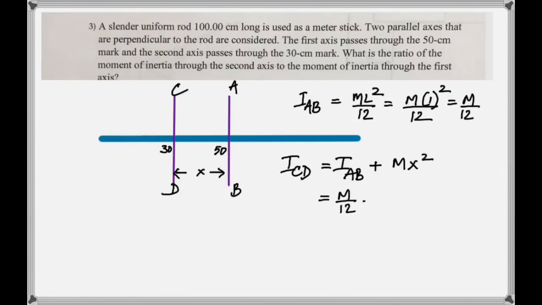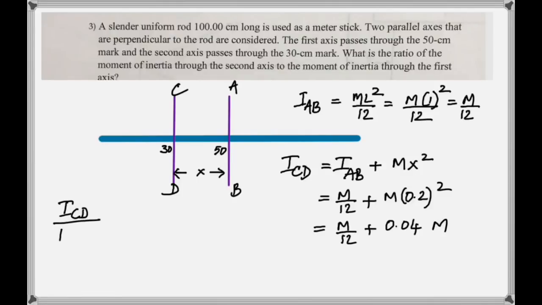And we got IAB, which is m by 12, plus m times 0.2 in meters squared. And you get it as m by 12 plus 0.04 m.